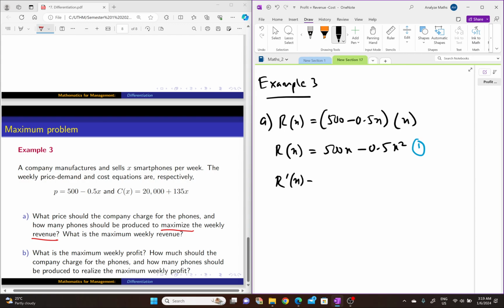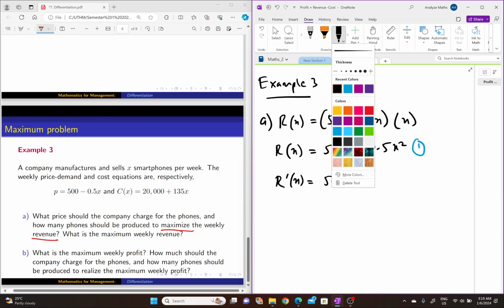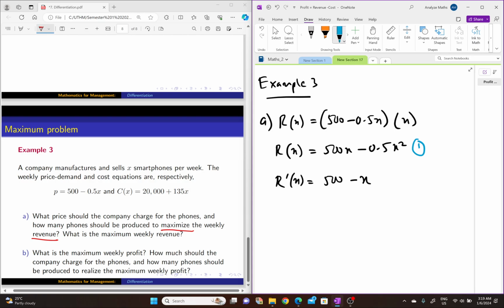Second step, you differentiate. Third step, you equate with 0.